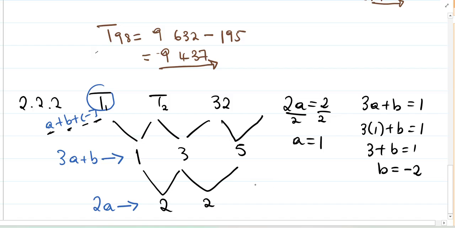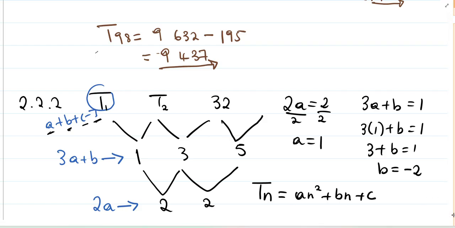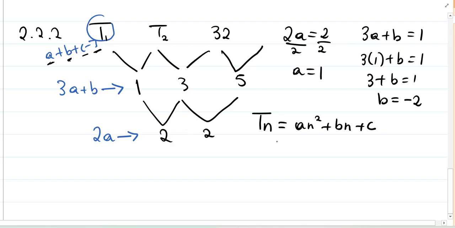So the alternative that I suggest is that we know Tn is equal to an squared plus bn plus c. We don't know what c is, but we know that Tn is equal to n squared minus 2n plus c, and they also told us that T3 is equal to 32. So I put in 32 here, and where there was n, I put in 3.